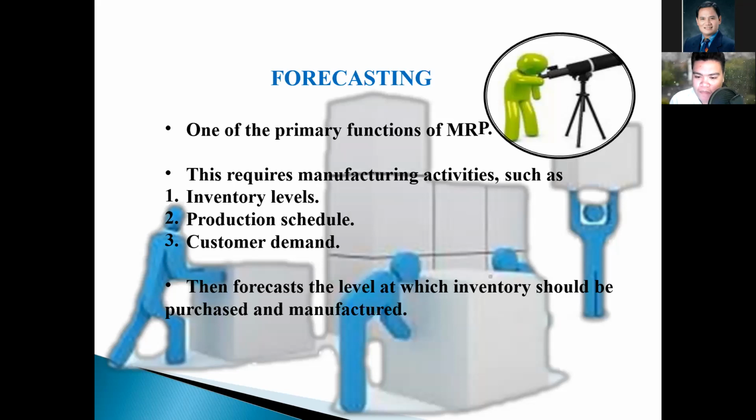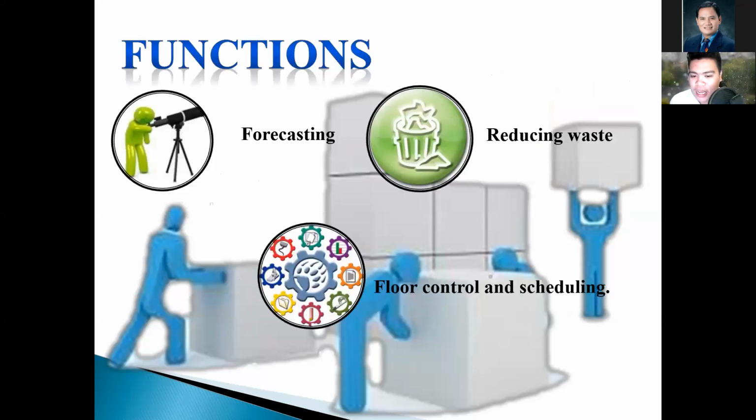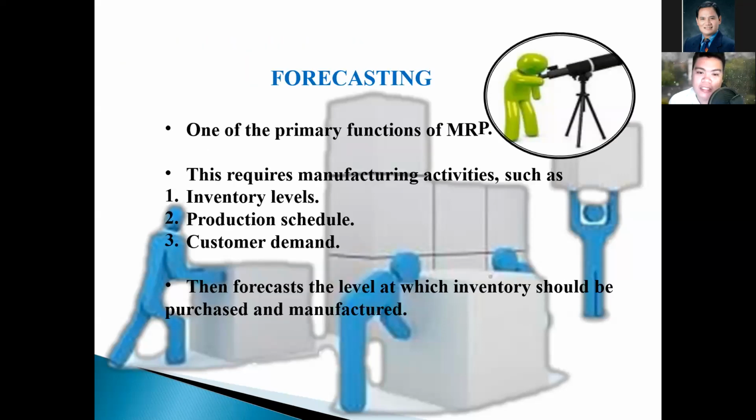Because if you can't meet your production schedule, it's a chain reaction. You can't meet the customer demands, and at the same time, your inventory levels will go high. And no company and no manufacturing wants that. So this is an essential function of MRP. That's why most big manufacturing companies are investing in MRP systems.